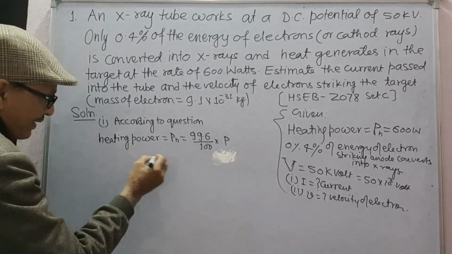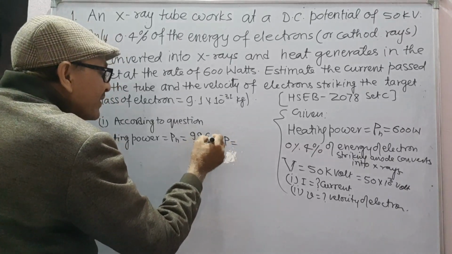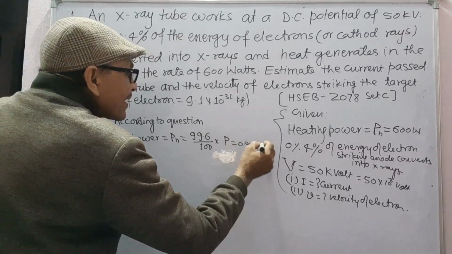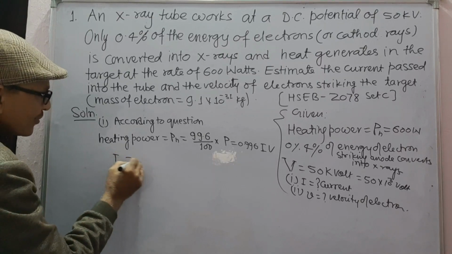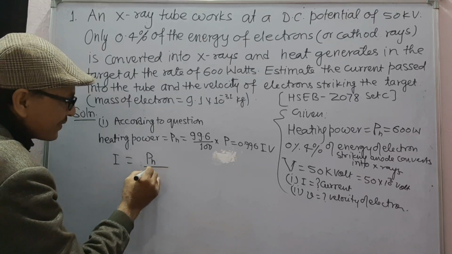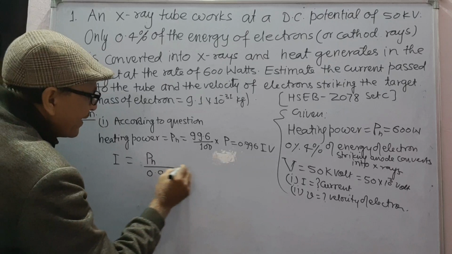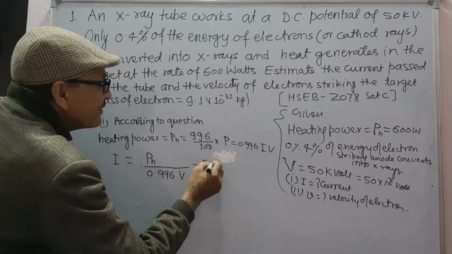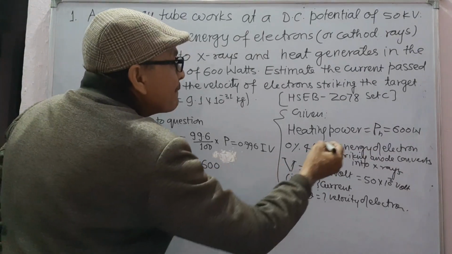So this will be 0.996 P, and P means I into V. So we get I = P_H upon 0.996 V.